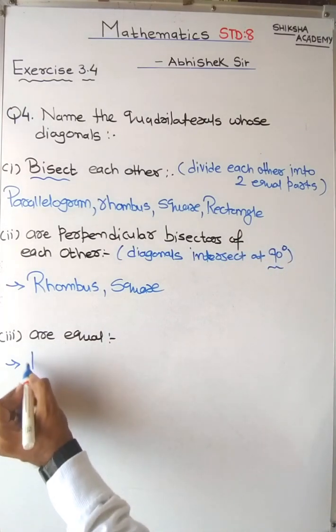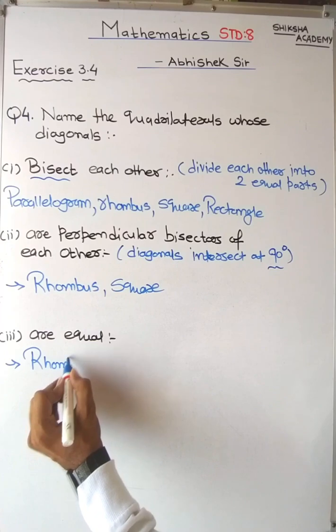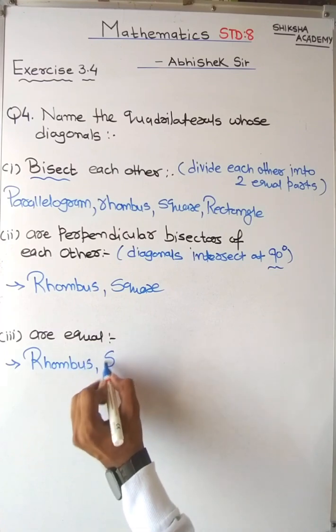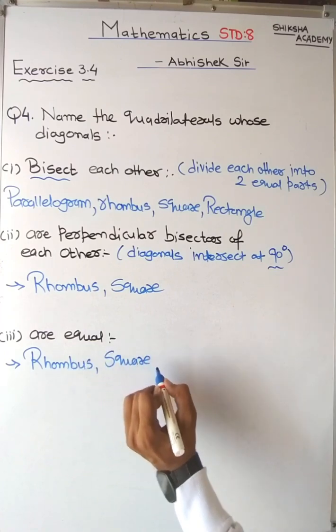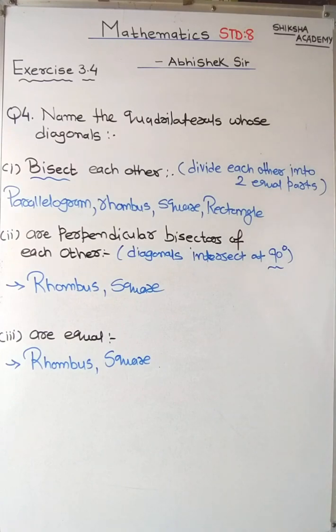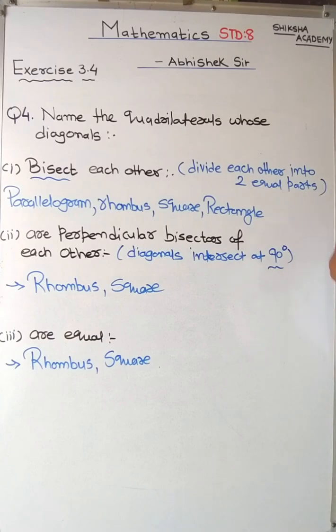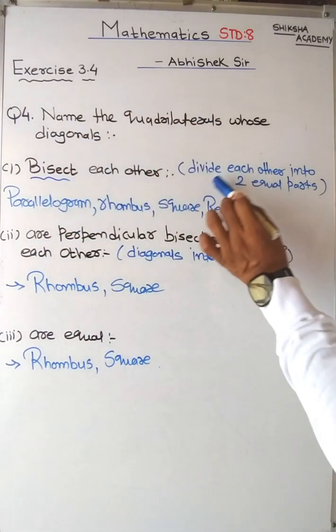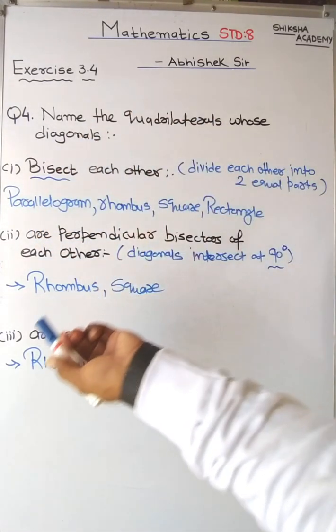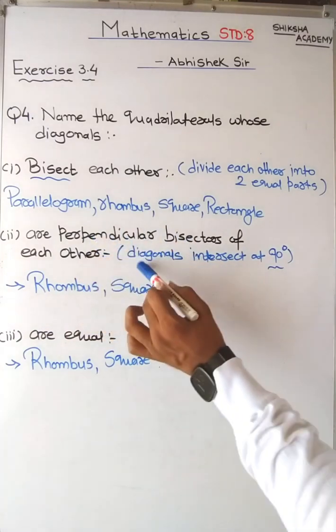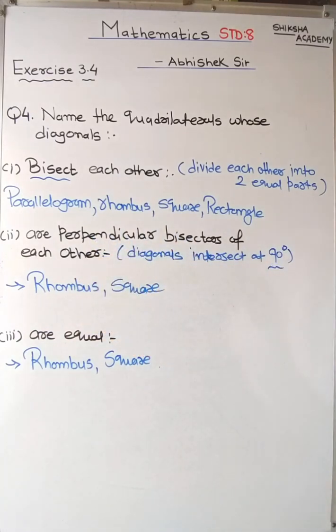So that again are rhombus and square. So if we have information of the properties very well, then we can write the answers. Also we have to know about what do you mean by only bisect, dividing into 2 equal part, perpendicular bisector, intersecting at 90 degree. Clear?